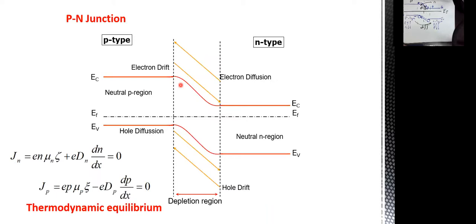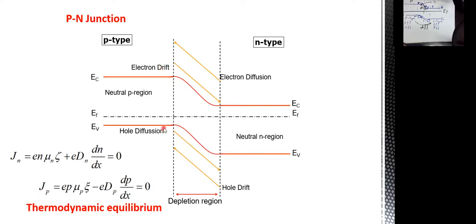So this depletion region is the region at which there is a natural built-in potential. And as I mentioned, as far as we are under thermodynamic equilibrium, please expect that the total electron current and the total hole current are equal to 0. As I just described, you have an electron drift current moving in this direction, but you have a diffusion current moving in the other direction.